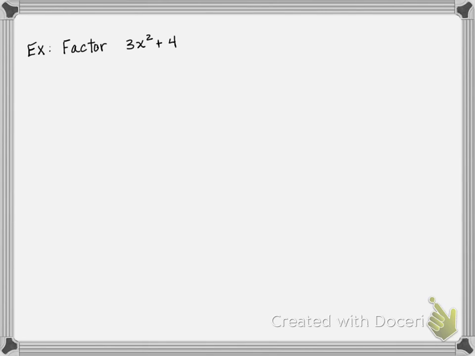If we think of this as a trinomial, we're missing that bx. You guys see it? So in order to write this with 3 terms, all we have to do is put 0x in as our middle term. And then all of a sudden we can factor this as a trinomial.